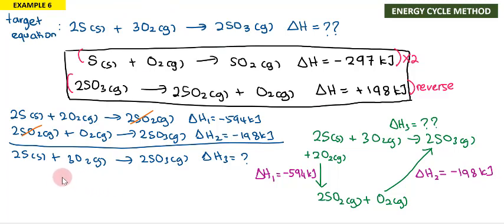By applying Hess's law again, the delta H3, the one that I want to find, if you look at the routes taken here, one is one step, or the second is I produce the sulfur dioxide first and then convert it into sulfur trioxide. So delta H3 is equal to delta H1 plus delta H2.